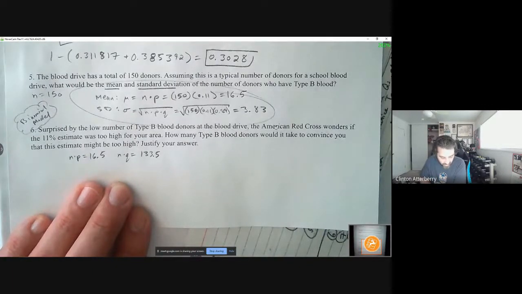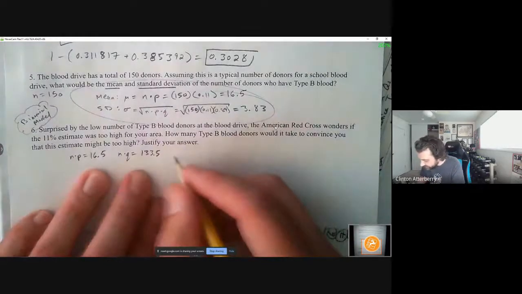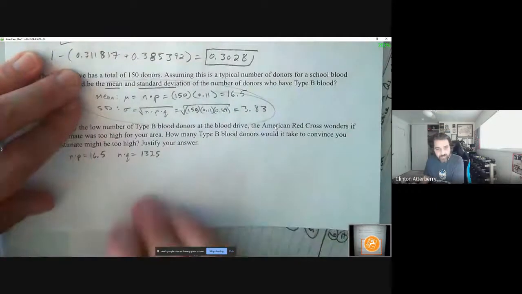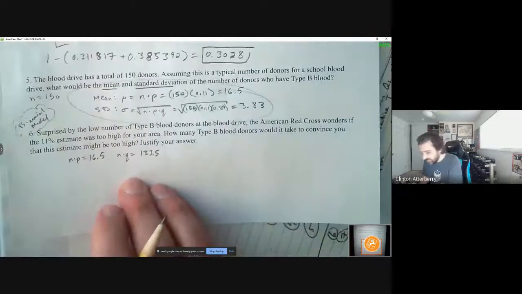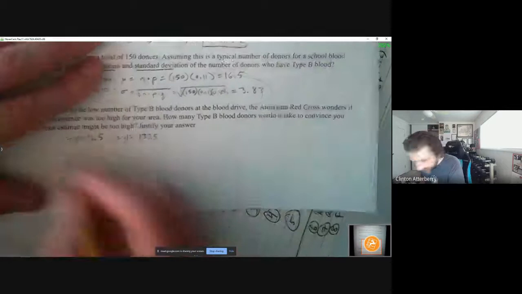So what we're going to do is state how I'm going to come to my conclusion, and then I will state my conclusion. Okay, so before I actually calculate this number, I'm going to say I'm going to use the normal model.